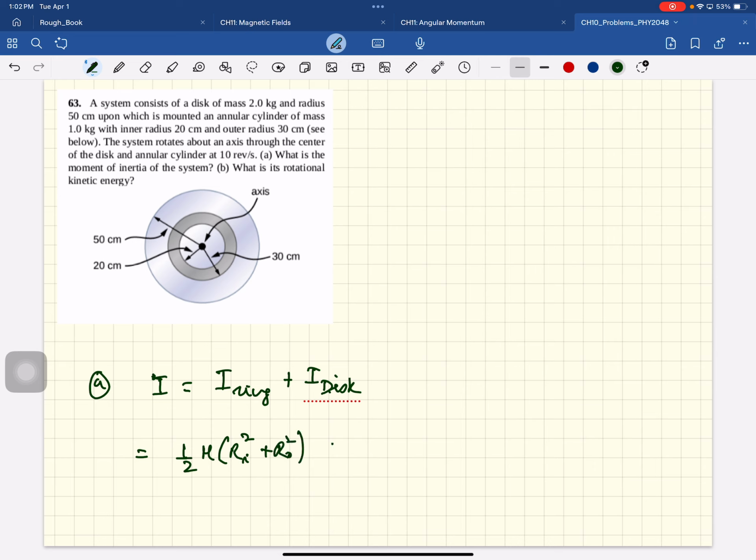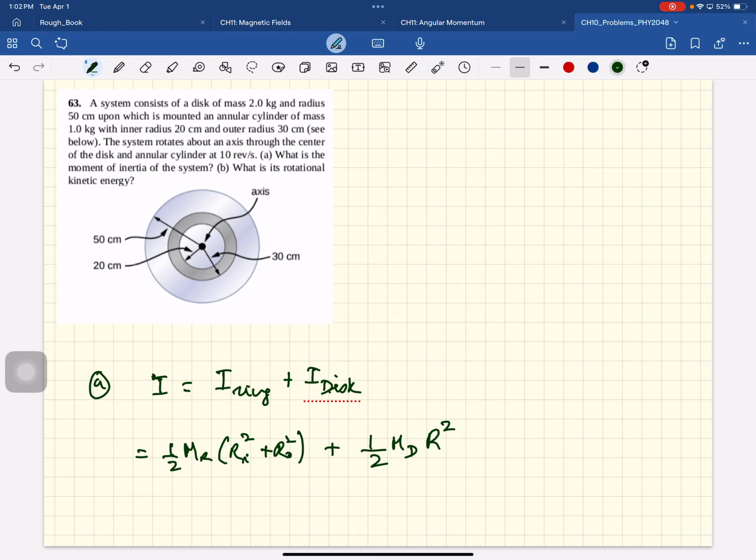And for the disk, I'll write this as 1/2 times the mass of the disk times the radius of the disk squared. For the disk, the inner radius is 0, so it reduces to the outer radius.